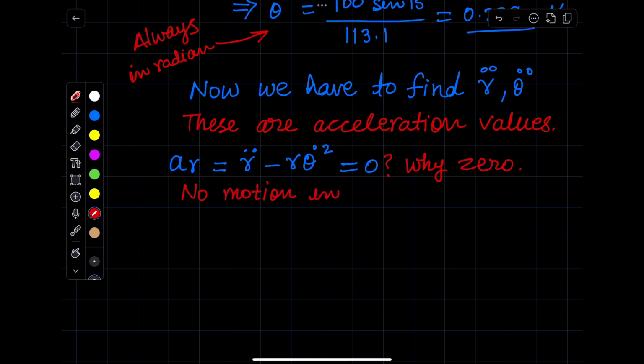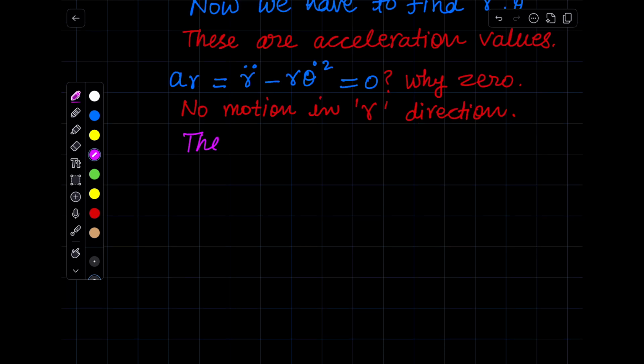When you read this problem, you will find that they are talking about a constant speed. When there is a constant speed, it means there is no acceleration. And when there is no acceleration, it means both components are zero. So I can write here A r is equal to 0.